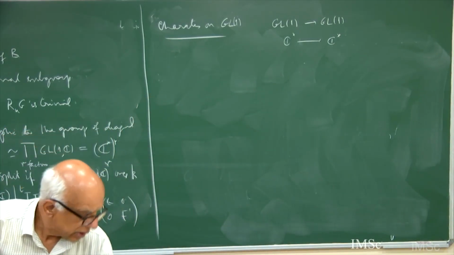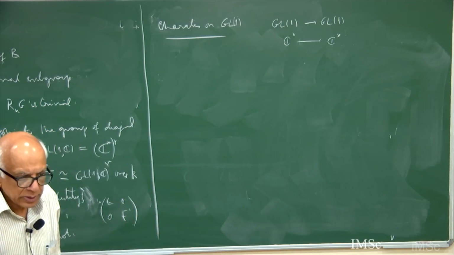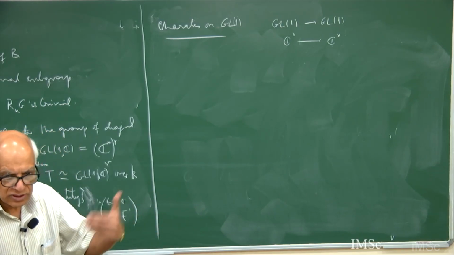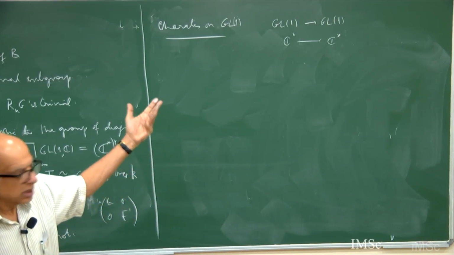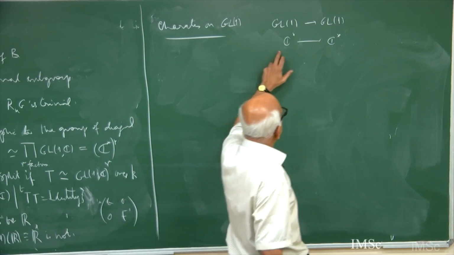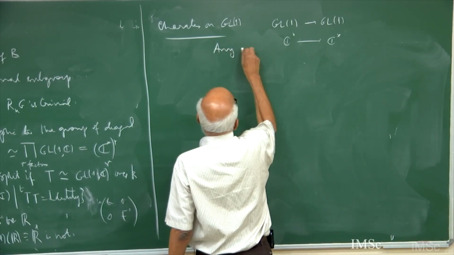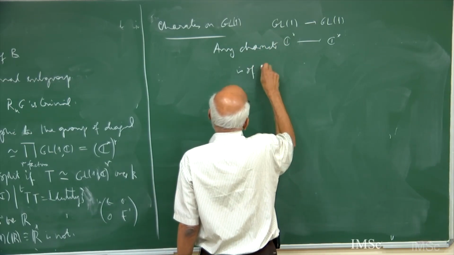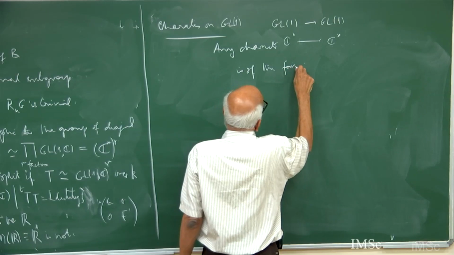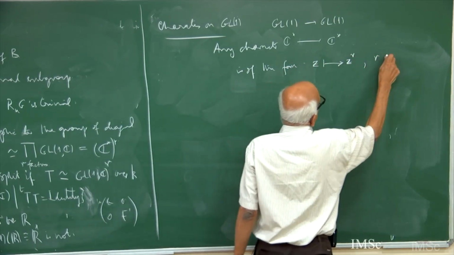That really means you have a group homomorphism, which is a polynomial map in the variables t and t inverse. And the only polynomial maps are the kind which go from C star to C star. Any character of C star is of the form z to the power r for some r in Z.